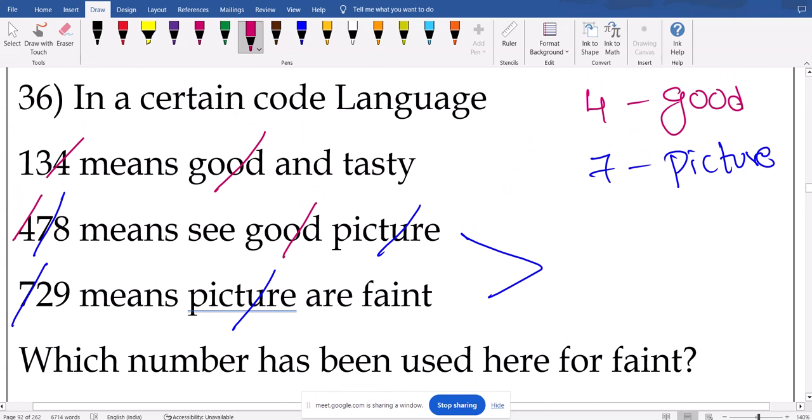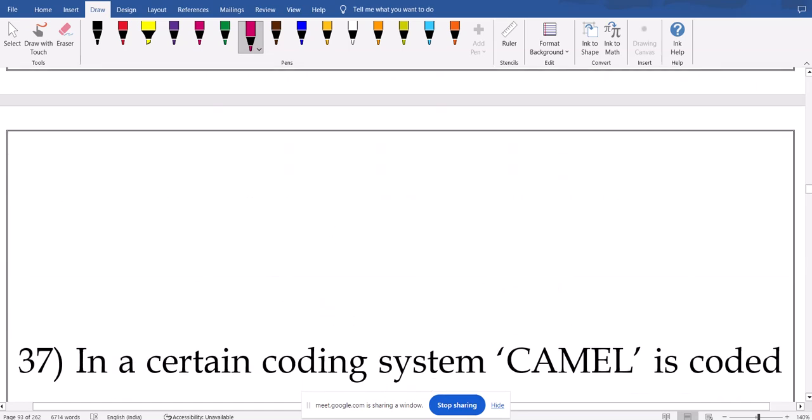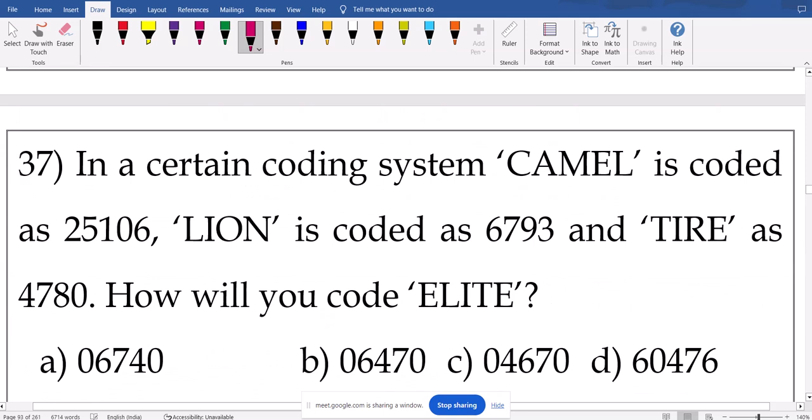Compare, simple. Next, listen, in camel and lion, is any letter common in camel and lion? Which letter? L. L is the last letter in camel, and the last number is 6. In lion, L is the first letter, and the first number is the same. This is also comparison only, and you can see the position is also the same.